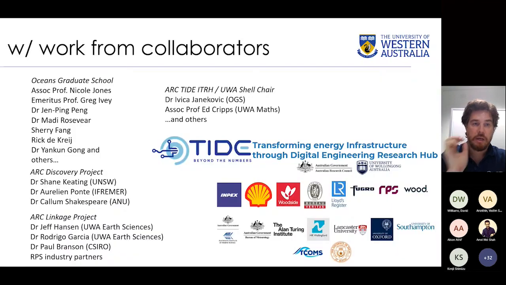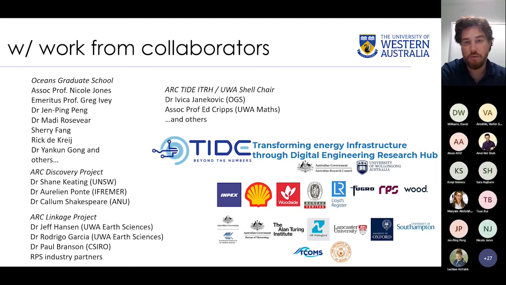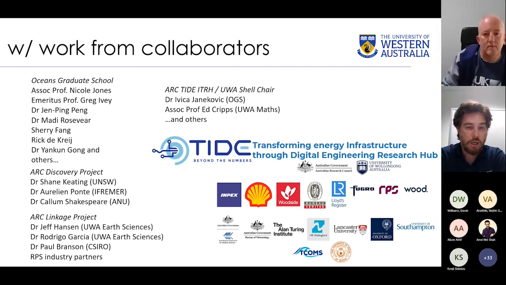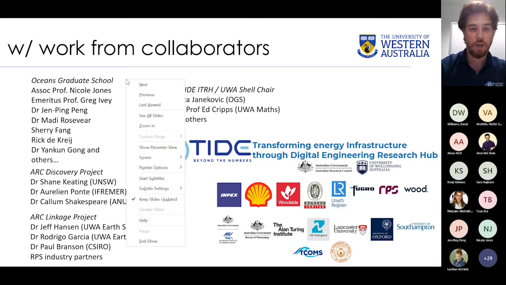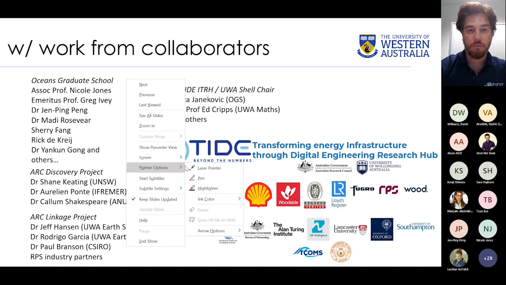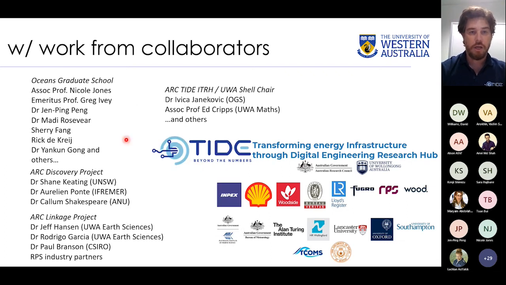The reason I'm giving this talk is that the processes at these scales tie into some of the research projects that we're currently working on, both within our group in the Ocean Graduate School and in some other collaborations that I'll talk about as we go on. I've listed a bunch of collaborators here and I won't go through all of them.